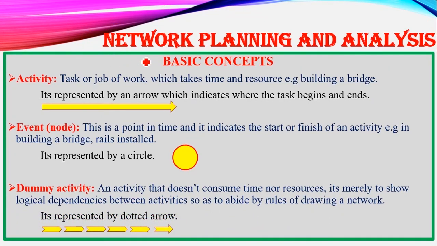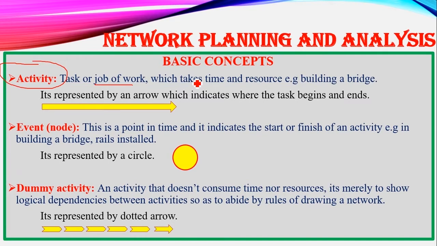For us to understand the whole concept, we are going to start by looking at the basic concepts in network planning and analysis. The concept number one is an activity. An activity is defined as a job of work or a task which consumes both time and resources.